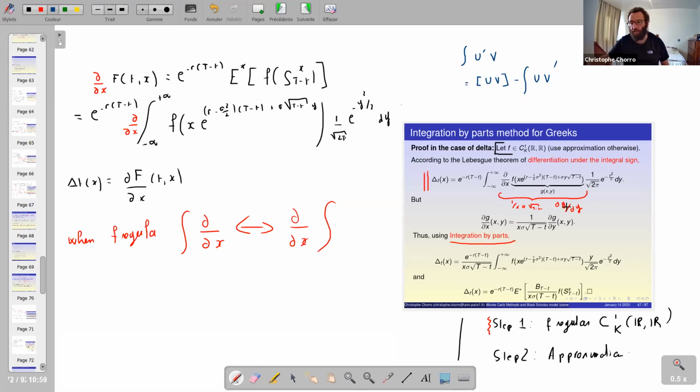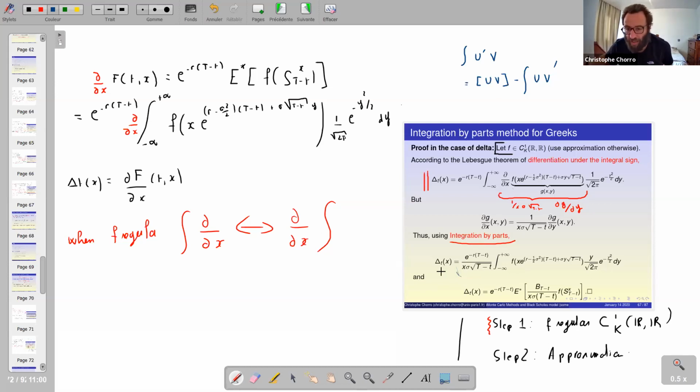I plug inside exactly what I have done here. And now I am able to do an integration by part, because I remove this term from the integral and I obtain the integral of u prime v, that is minus the integral of u v prime, exactly the expression you obtain here, plus an extra term that is, in my situation, 0.